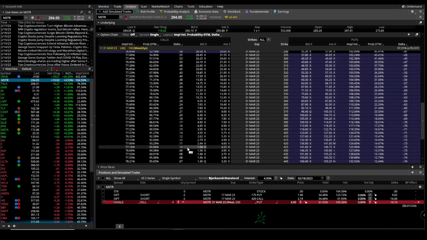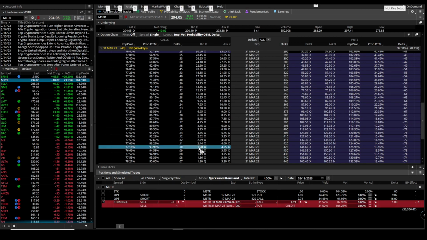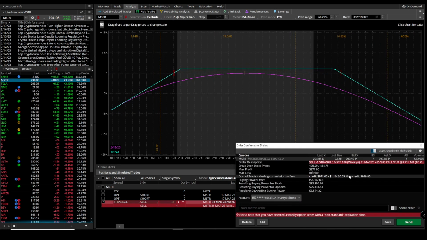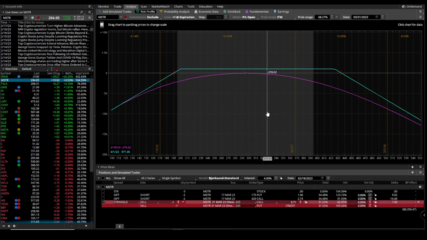So you look for the 10 delta up here, that's 93% probability of being out of the money, or a 10% chance essentially of being in the money. So we sell this at $1.98. That gives us a $9.71 strangle, and the buying power reduction is going to be roughly $5,300.